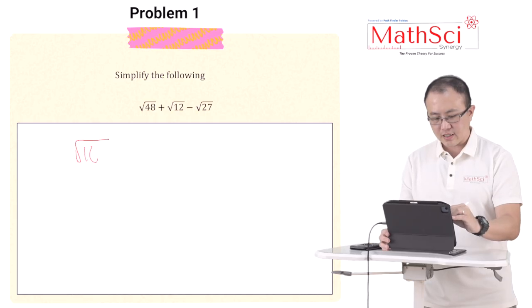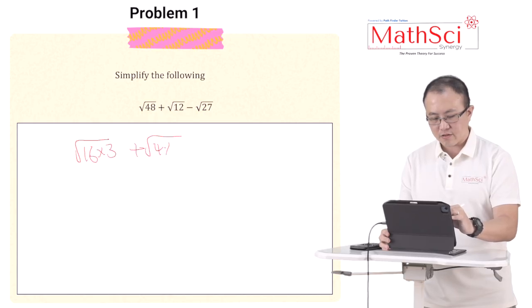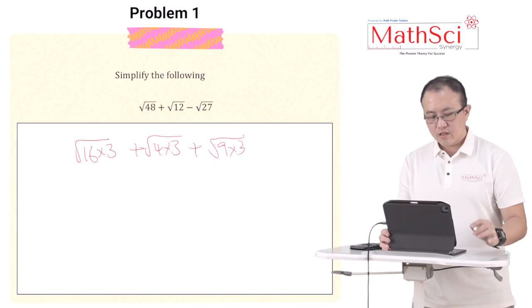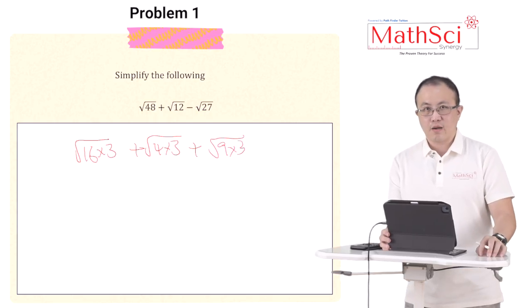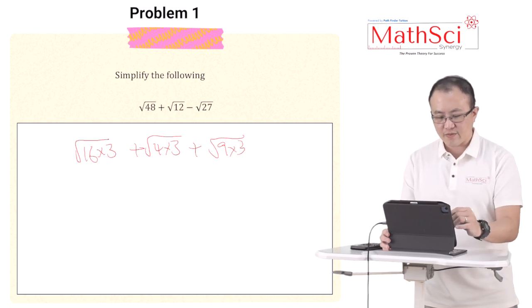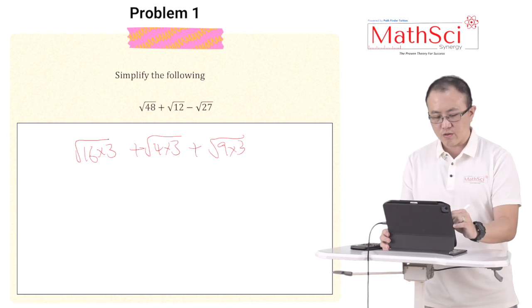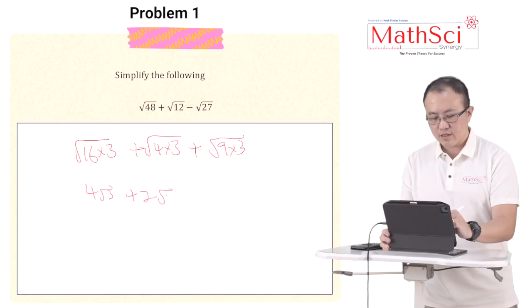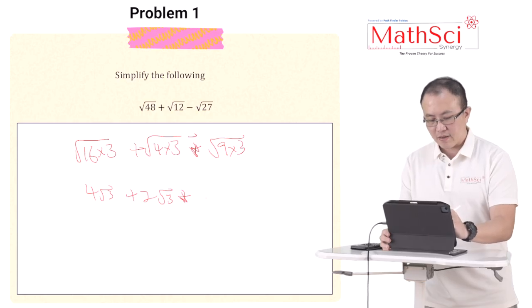This one should be square root 16 times 3 plus square root 4 times 3 plus square root 9 times 3. Notice that one of the numbers can be square rooted, the other number is a common number 3 across all three of them. So I split it into 4 root 3 plus 2 root 3 plus, okay, sorry, this is a minus, just realized, minus 3 root 3.